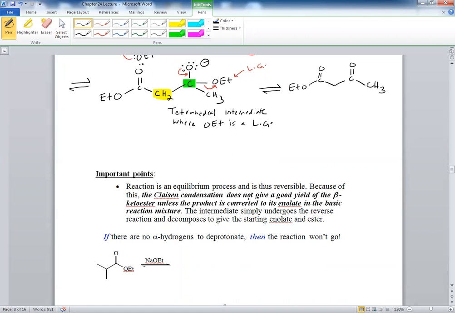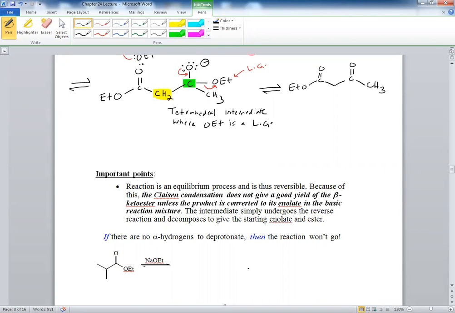The Claisen condensation does not give a good yield of the beta keto ester unless the product is converted to its enolate in the basic reaction mixture. So we need this to be in the basic nature, and the intermediate simply undergoes the reverse reaction, decomposes to give the starting enolate and ester. So it doesn't give a good yield.